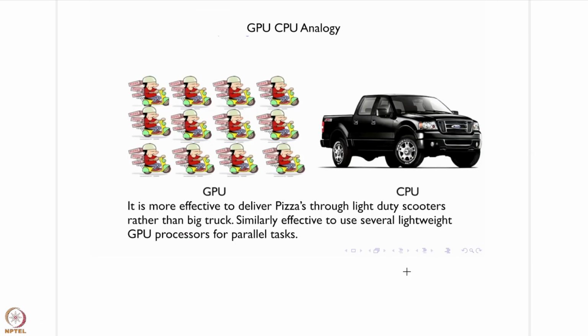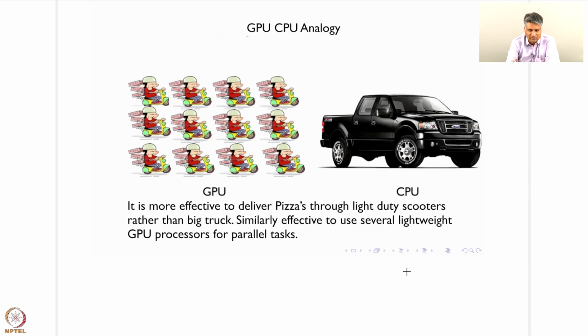The analogy that was given earlier as well, I would like to reiterate. If our task is to distribute pizzas, let's say 10,000 pizzas, we could load them up on a single big heavy-duty truck and go door to door to deliver them, as shown in this image.